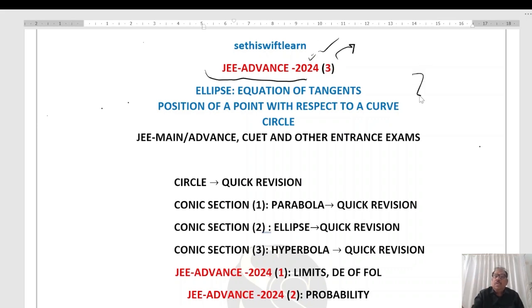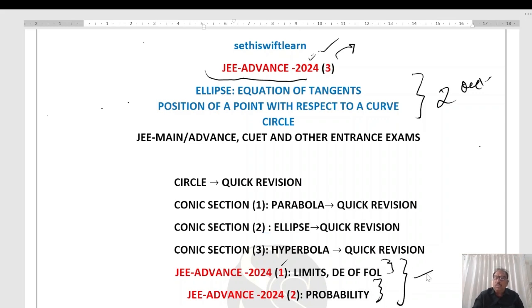Topics: Ellipse and circle. Concepts will be discussed through illustrations taken from JEE Advanced 2024. Two questions are going to be discussed here, right? In the earlier sessions, we discussed questions on limits and first order differential equations in session 1, and probability in session 2.